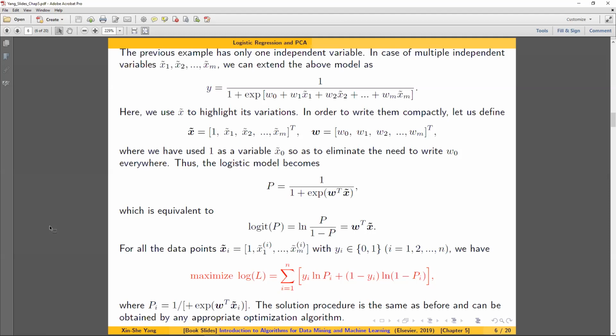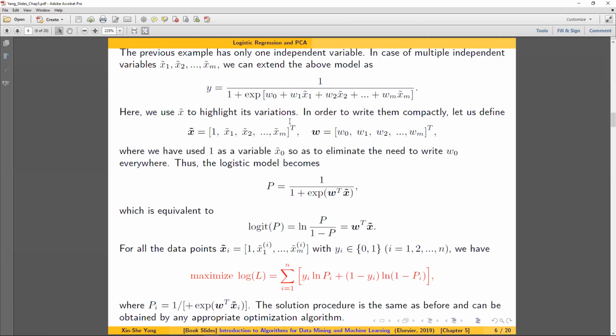So if we have more than one variable, now we use x tilde to represent all the variables. Then the probability should be 1 over 1 plus exponential of W0 plus W1, or we use omega 0 plus omega 1, whichever you prefer, times x1 tilde, and so on.